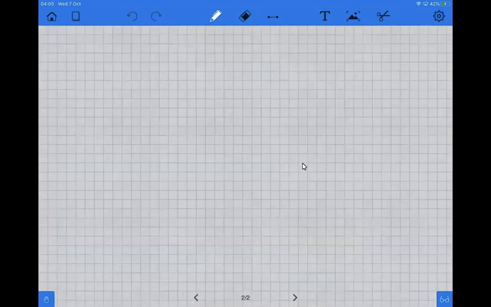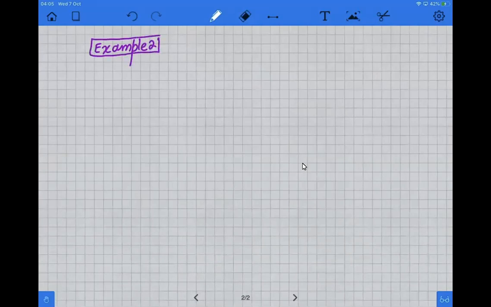Another example, example 2. Now, to check whether an equation is homogeneous or not, write base units of all the terms and see whether they are same or different.